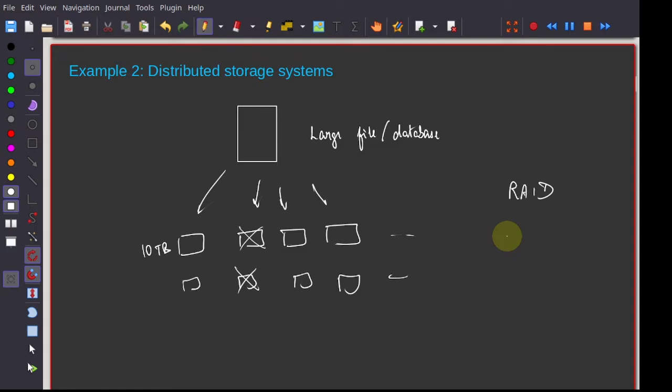It depends. If you know that it is going to fail, then you can migrate. But disks fail, so you don't know when they're going to fail, and you don't know which ones are going to fail. And migration also involves communication, which is also expensive. So there are various factors which come into it.